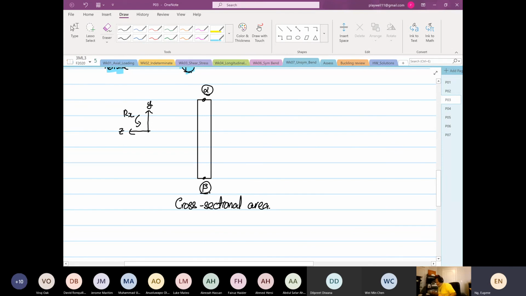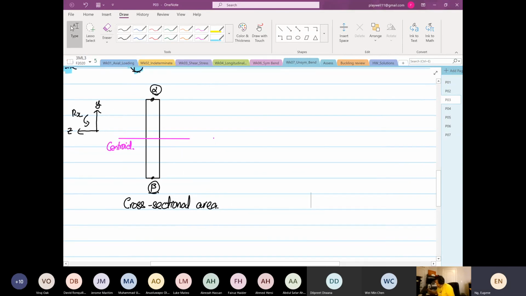Okay. So now, based on the cross section, this is by observation, right? This is the centroid, right? So we're now going to sketch. Okay, now I'm going to sketch the stress view now.